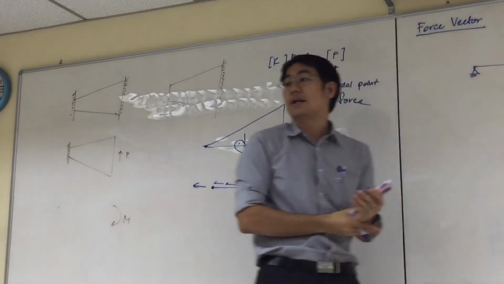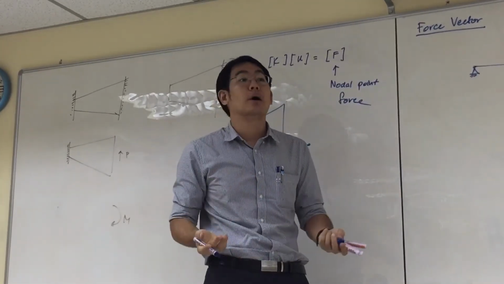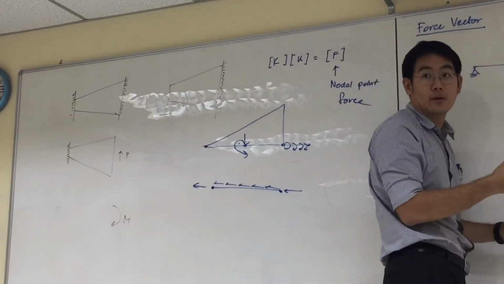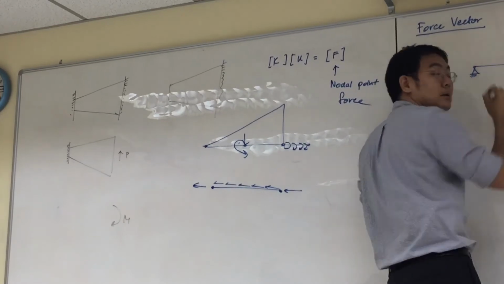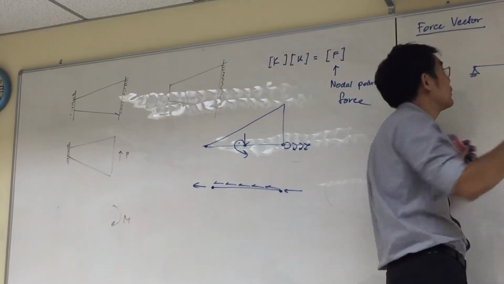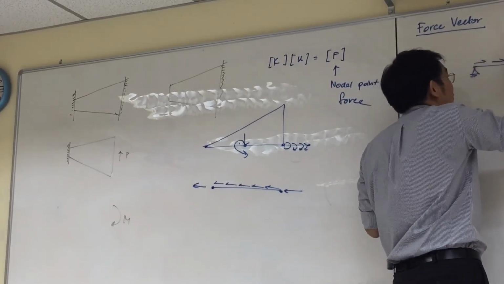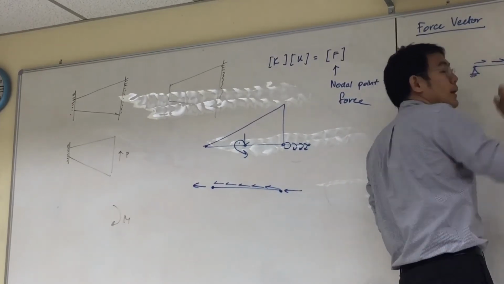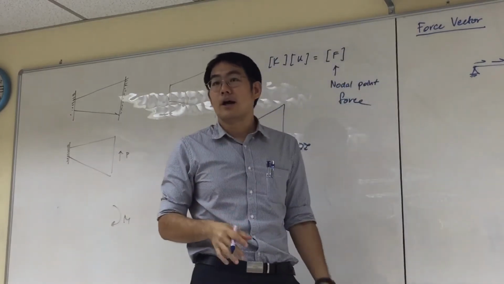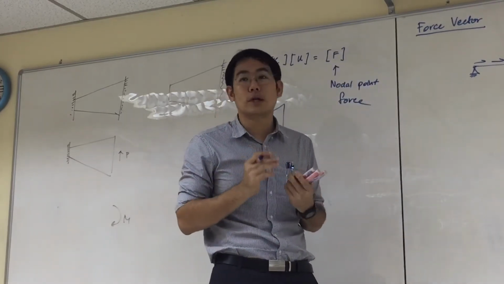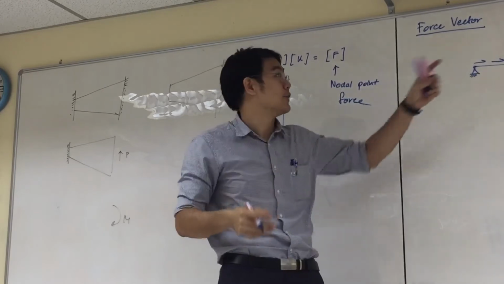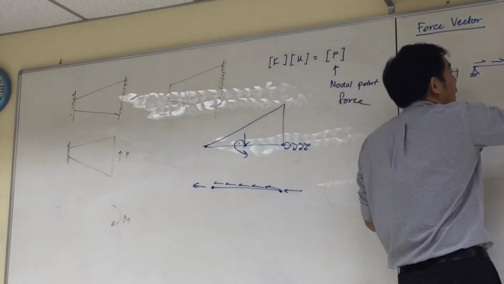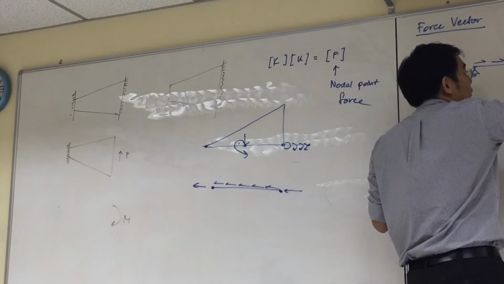In order to find the equivalent nodal point force for any kind of load, maybe we start with the easiest thing like this. Let's make it little f, the distributed load over the length, so f is the intensity. Let's make f of x equal to just f.